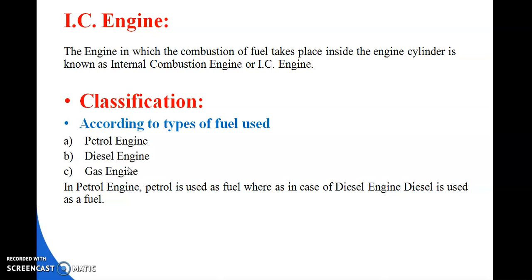Mainly we are using the petrol engine for two-wheelers and some light four-wheeler vehicles. As petrol engines can run smoothly without any vibration, they give maximum comfort to the passenger. That's why these petrol engines are best suited for two-wheelers, cars and luxury cars.